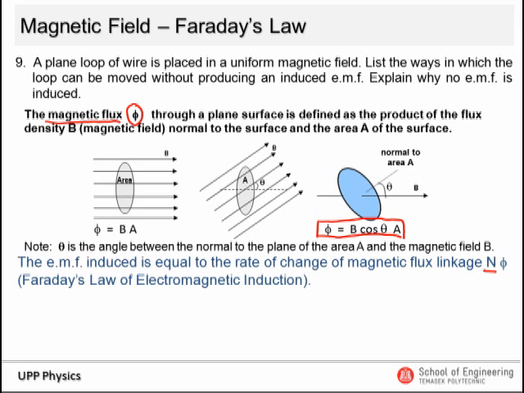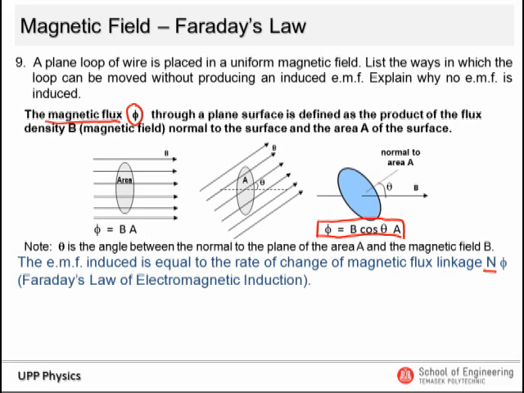So magnetic flux just talks about a single turn of wire moving through a magnetic field, and the magnetic field lines that go through the area, we call that magnetic flux. But if that loop of wire has many turns, not just one, perhaps 100 turns, then when magnetic field lines pass through these 100 turns of wire, we call this magnetic flux linkage.